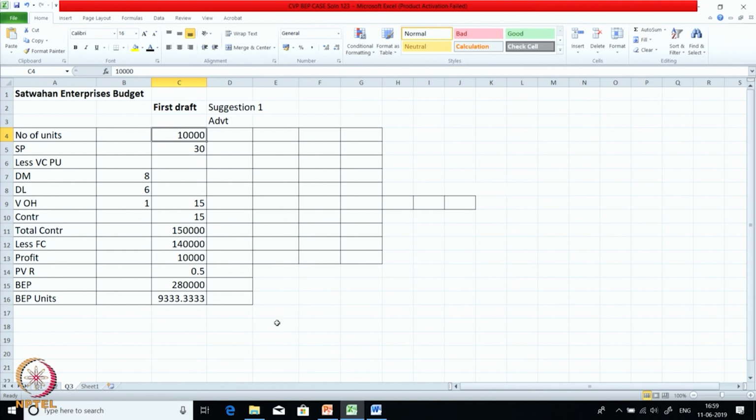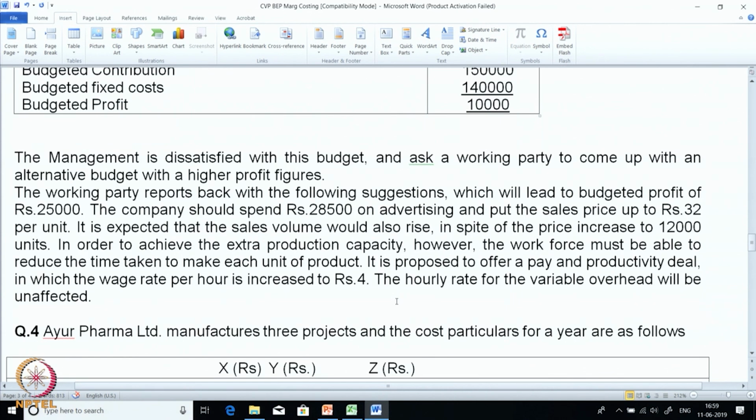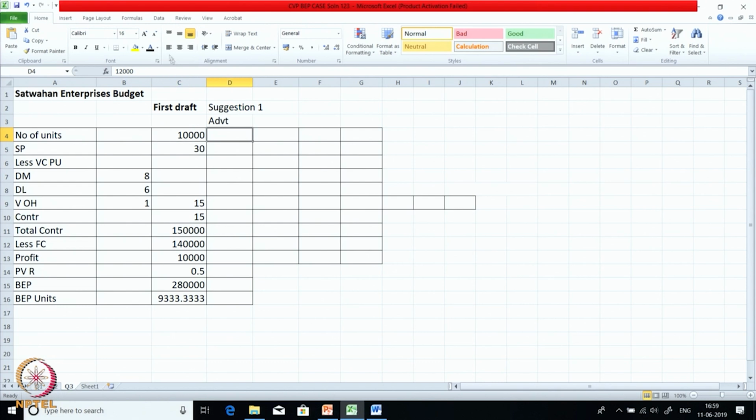Now incorporate their suggestions, make these changes, that is, spend some more money on advertising, increase the sale price and so on, and calculate the revised budget. So what is the new number of units? From 10,000 it has increased to 12,000.